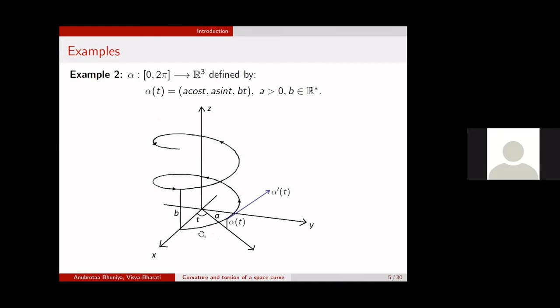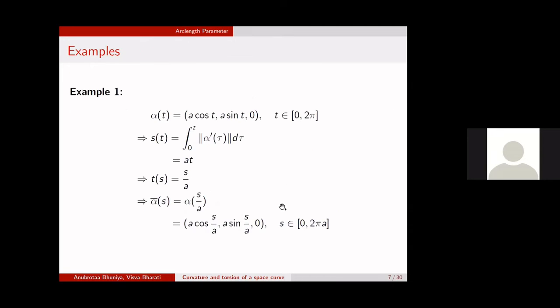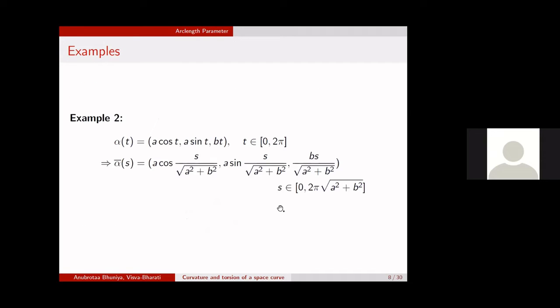Like if we take this point as alpha t and this as alpha 0, then see, if we are taking this helix here, again this point remains our initial point, and this point remains an arbitrary point, and this length remains the same. So the change of the parameter s doesn't depend on the position of the curve. This helps a lot later on. Now the helix I have talked about is given by this.